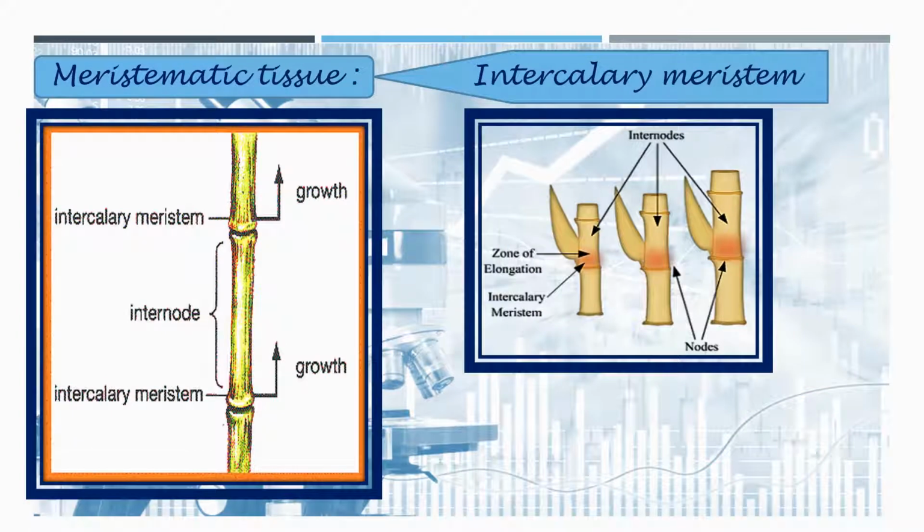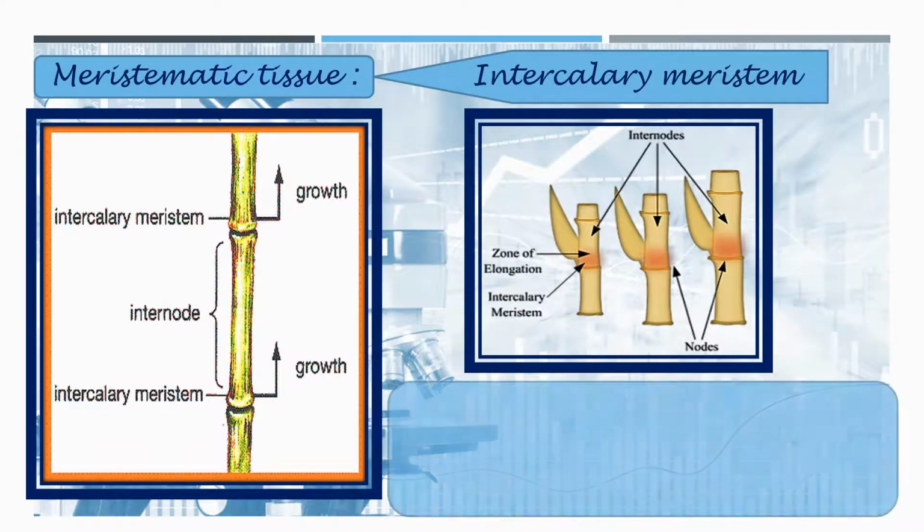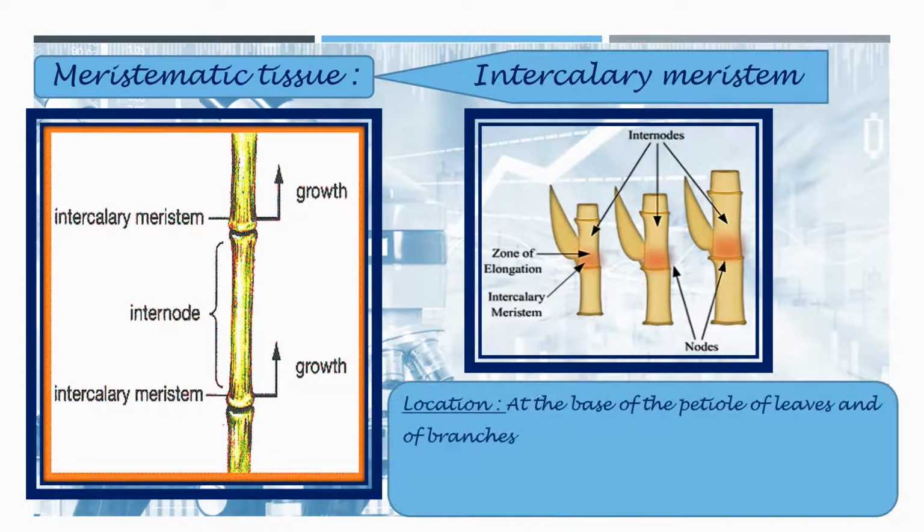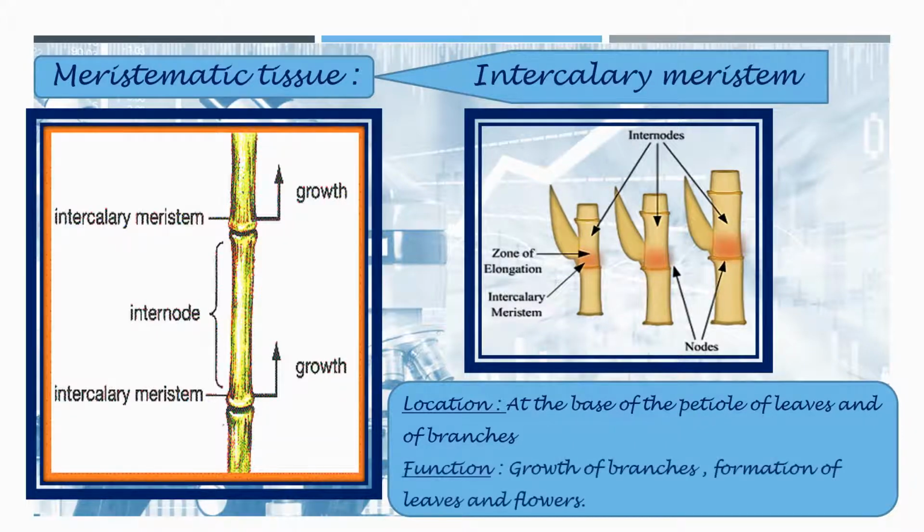Now the second type of meristematic tissue is intercalary meristem. Intercalary meristem is located at the base of the petiole of leaves and of branches. And the function of intercalary meristem is that it helps in the growth of branches and formation of leaves and flowers.